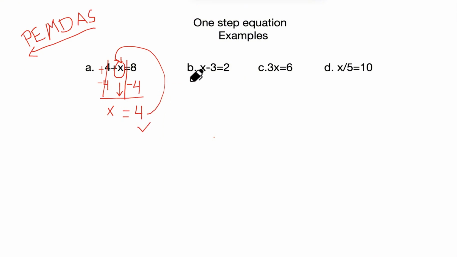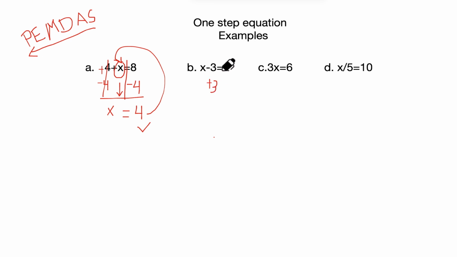Okay. Let's move into the next example, where we have x minus 3 equals 2. Again, we have minus 3. So what's the opposite of minus? Think about it. Okay, it has to be plus 3. Can I just put plus 3 on one side?